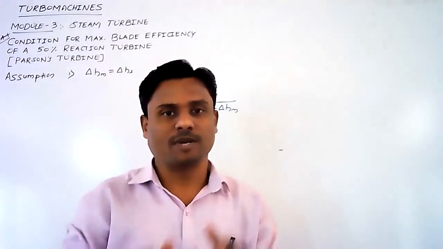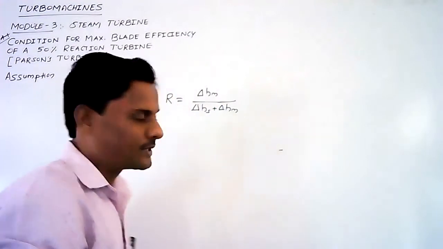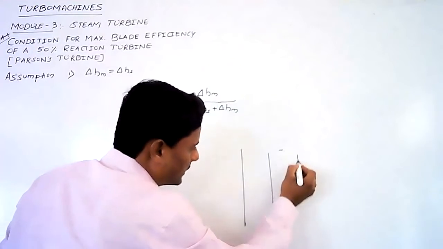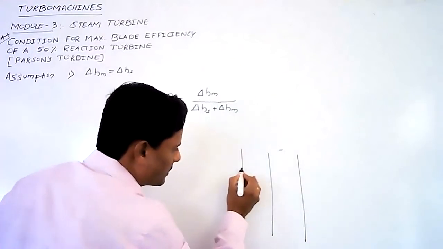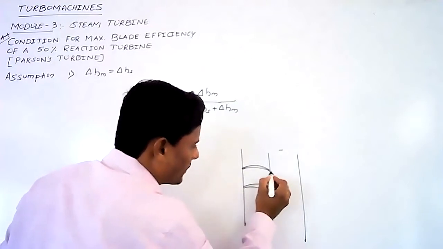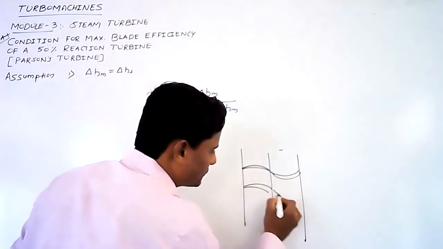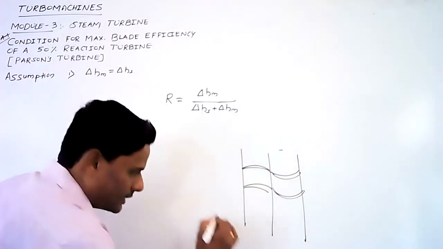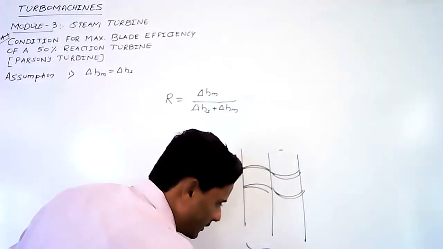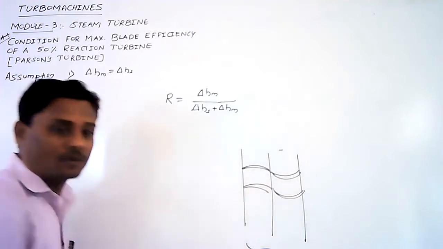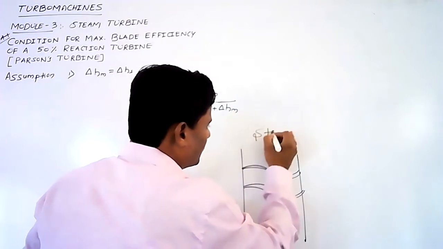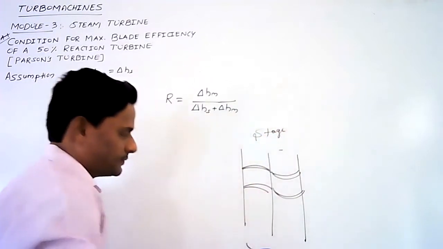First we have the fixed blades, and after that the moving blades. These two rows together constitute one stage.